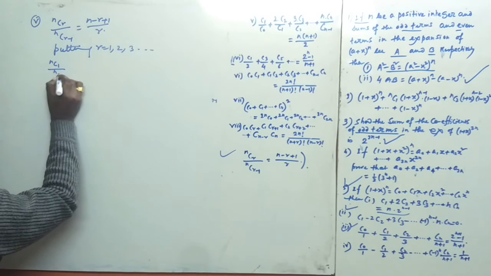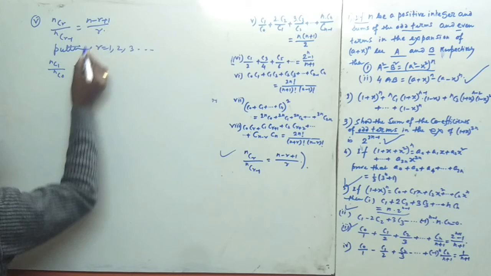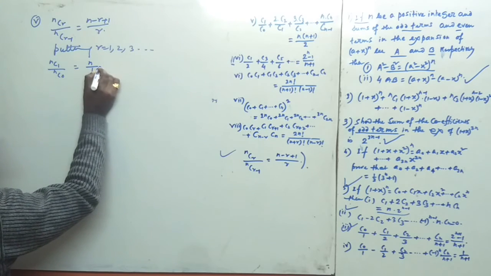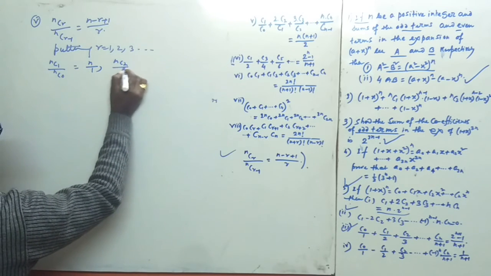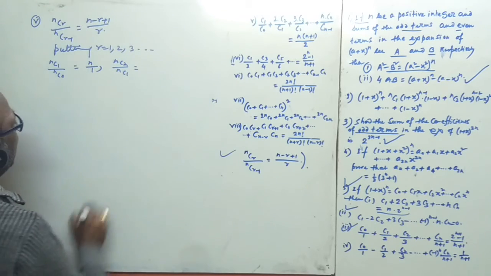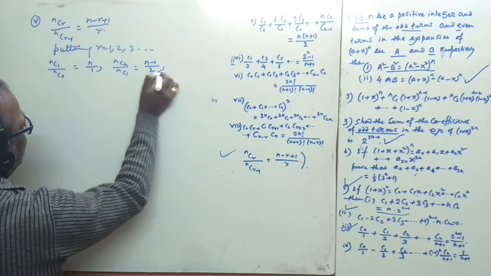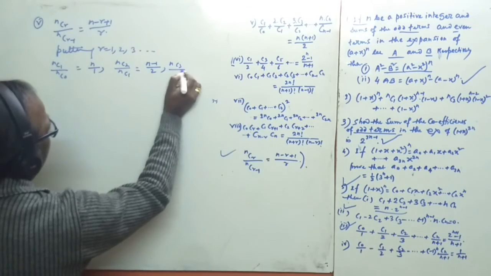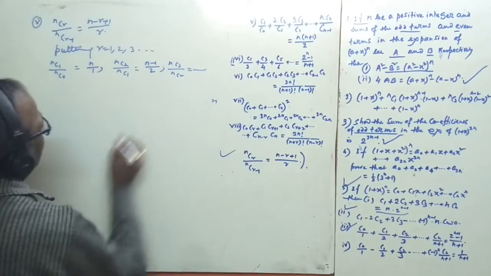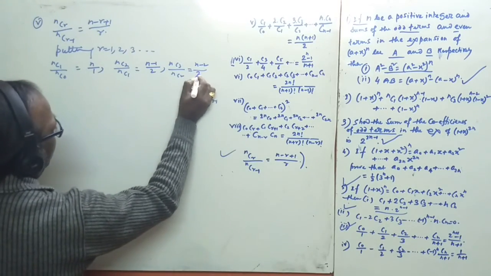nC1 by nC0, and that will be, in place of r, that is n by 1. nC2 by nC1, putting 2 here, so n minus 2 plus 1, that is n minus 1 by 2. If you put nC3 by nC2, then you get 3 here, so n minus 2 by 3.